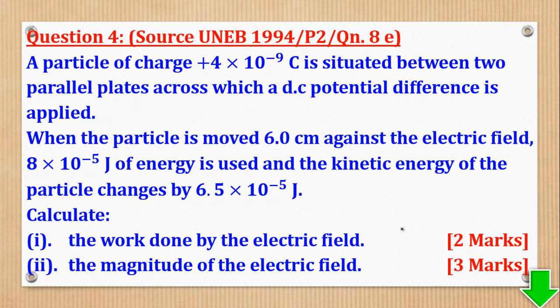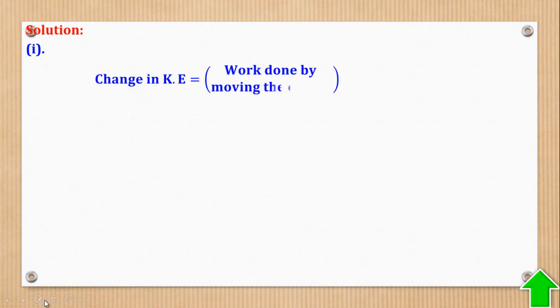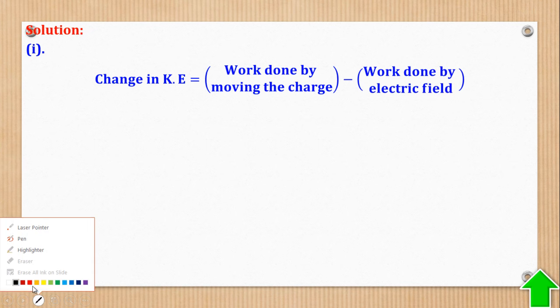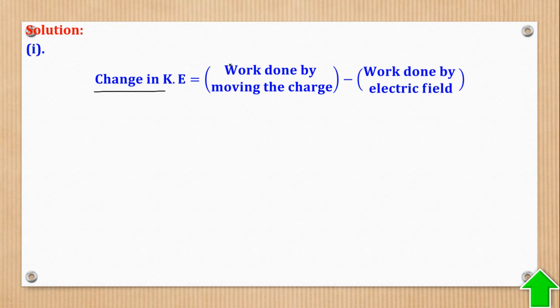So we shall start by Roman 1. For Roman 1, we already know that change in kinetic energy is equal to work done in moving the charge minus work done by the electric field.